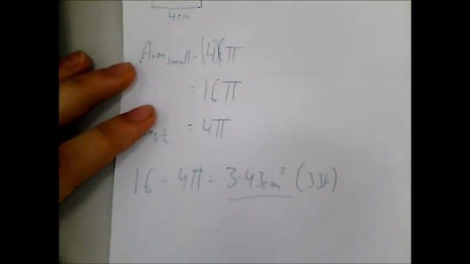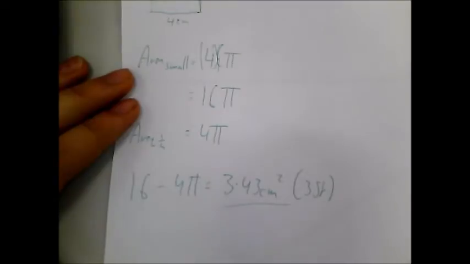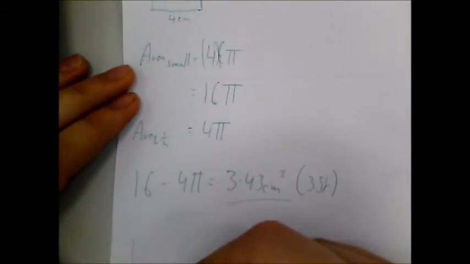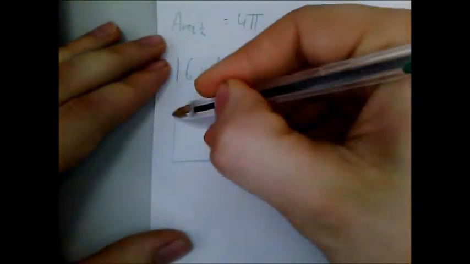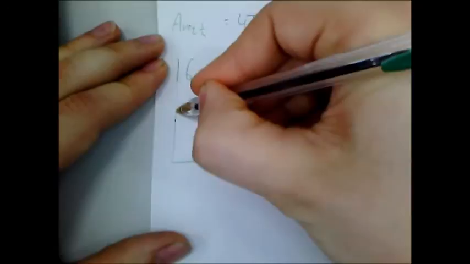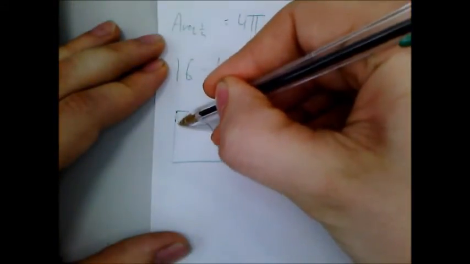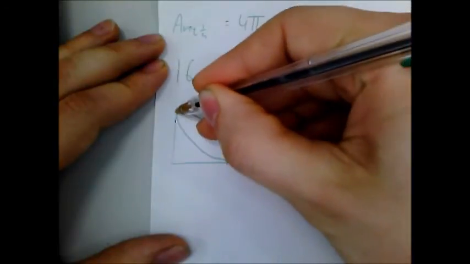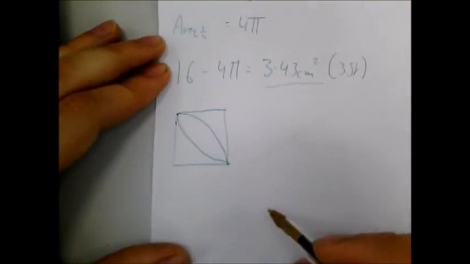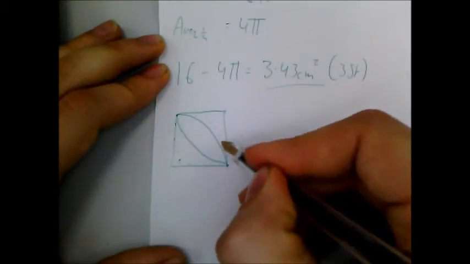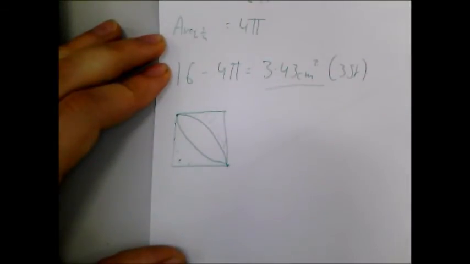Okay, so now let's look at this flower petal shape. So I have a quarter circle here, and then the other one comes in from the other side and makes this shape. So once again, I can surround this in a square, and I can see that now I want 2 of those shaded regions that I calculated earlier, and subtract that away from the area of the whole square.